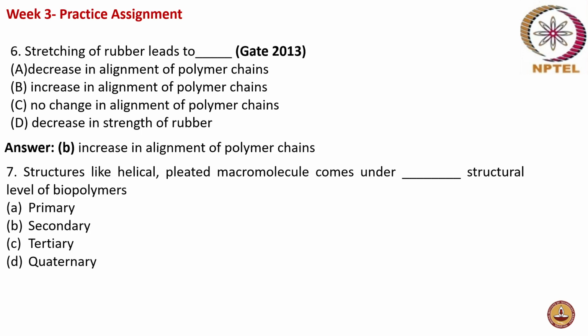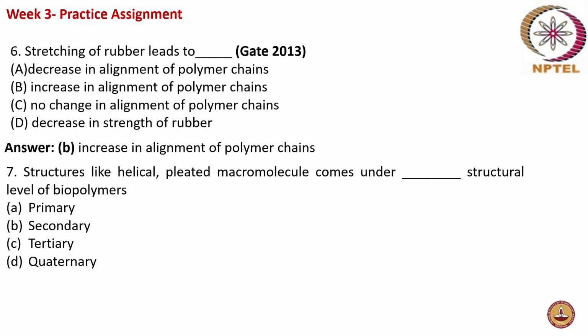If you get into rubber processing, then you will really get to know where they actually do it. But it can be done either way, because in some cases you get rubber sheets, after which you have to do post-processing by stretching it to bring it to a particular alignment to achieve some particular property.